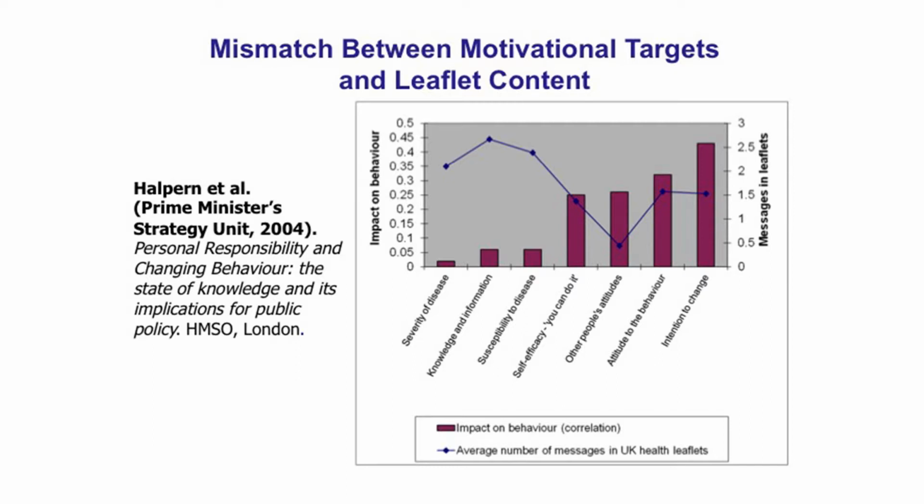A lot of messages about those, but those are not necessarily the changes that have been found to be best correlated with increased condom use. And the leaflets included fewer messages that would increase self-efficacy or increase beliefs that other people would approve of condoms and so forth. So in other words, the content of the leaflets was not really evidence-based.